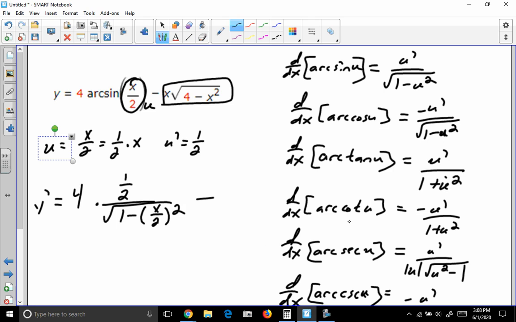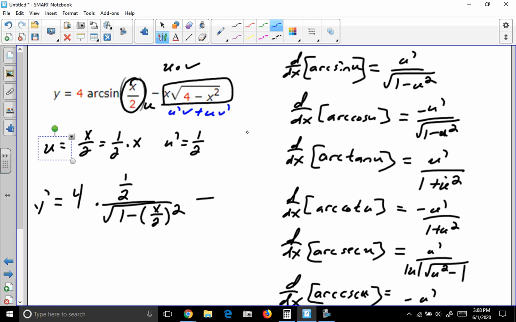Now when we take that derivative, that's a little bit more complicated because that's a product. We have a variable times something with a variable. So how do we go about doing that? So product rule, remember, is u prime v plus u v prime. So we need to know the derivative of x.